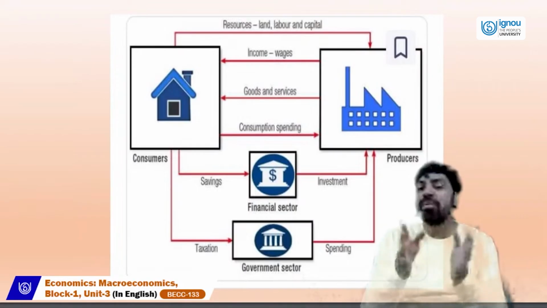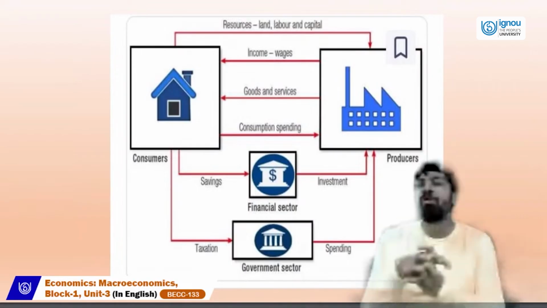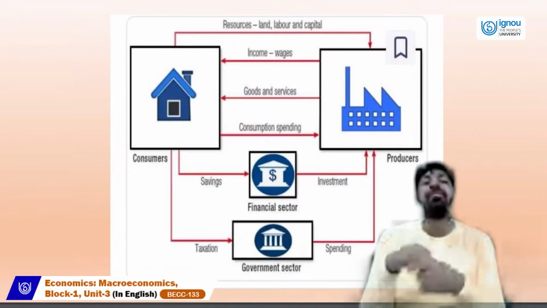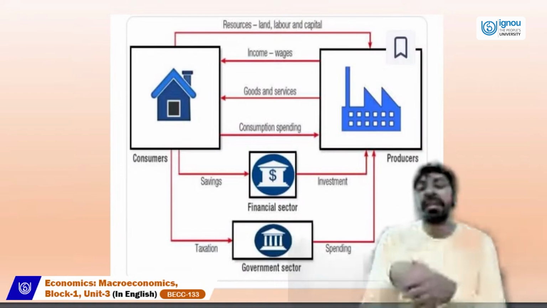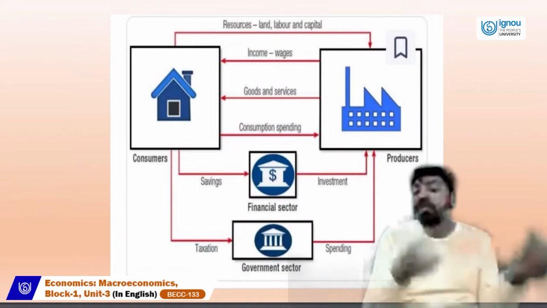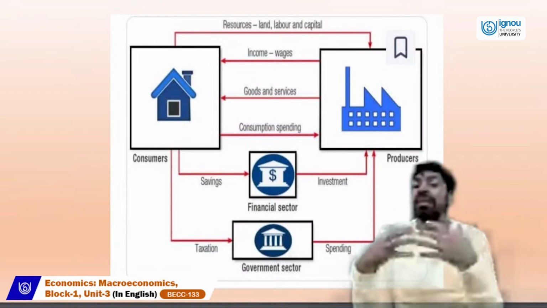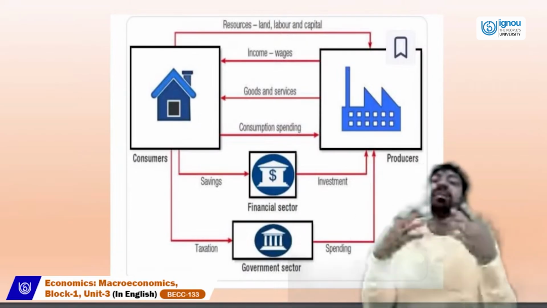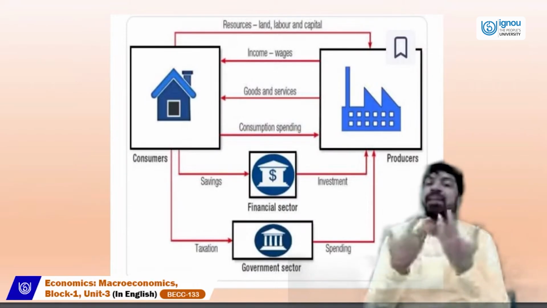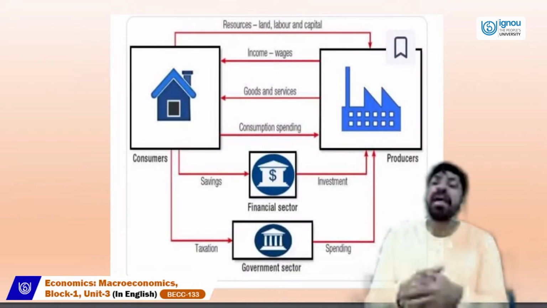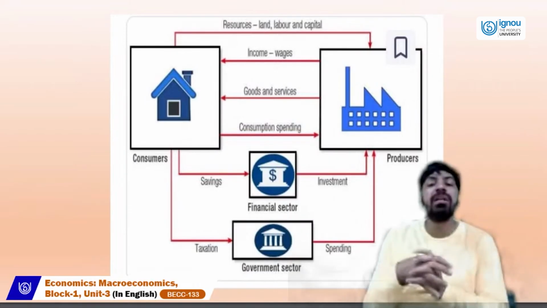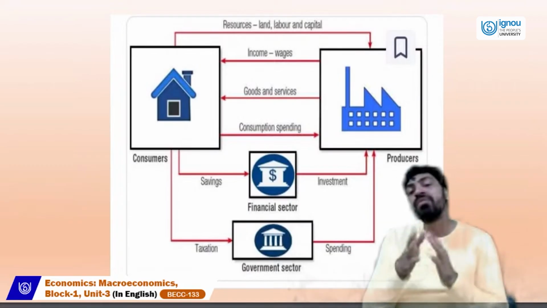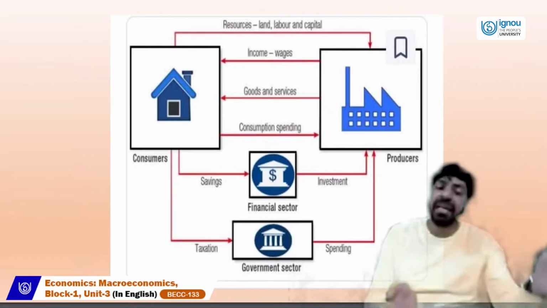That is the role of the financial sector, which receives the transfer payments from the household, and ultimately uses that income in the organization, whether they will get interest or profits, so that it would be beneficial for the financial sector as well as the organizations and firms.